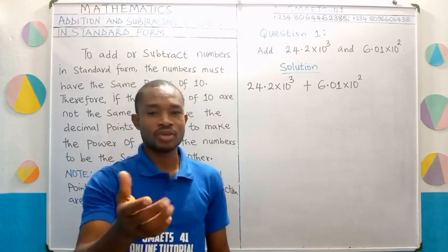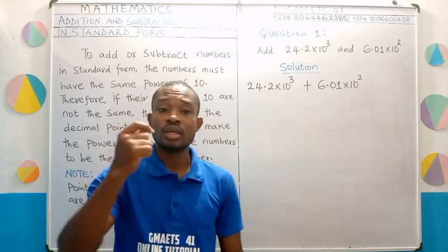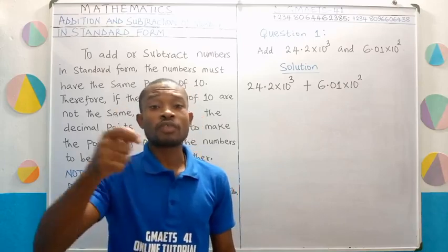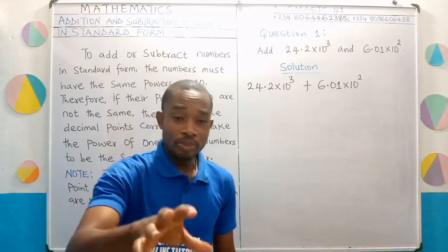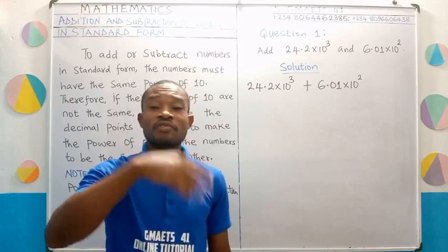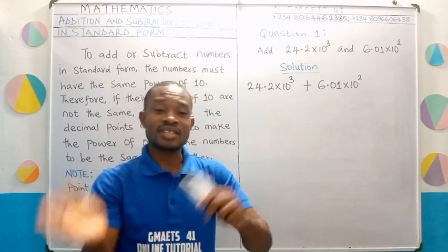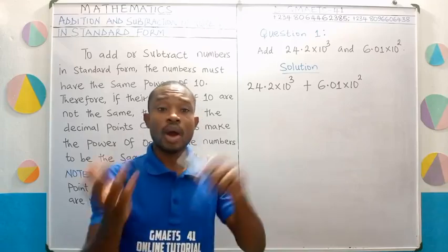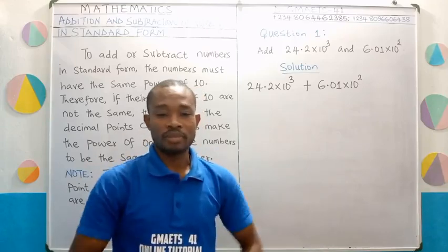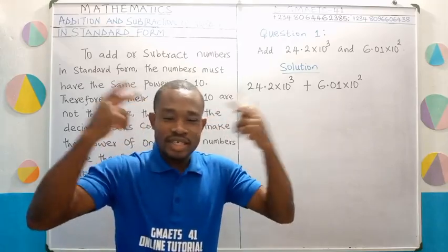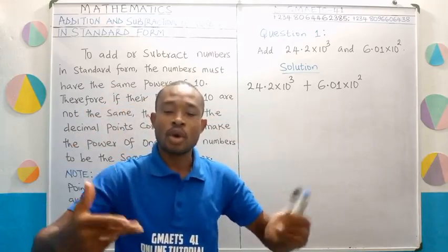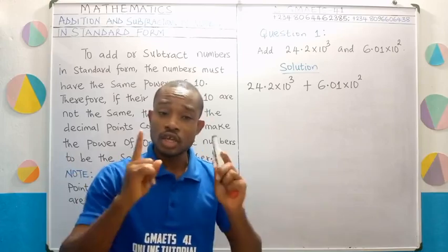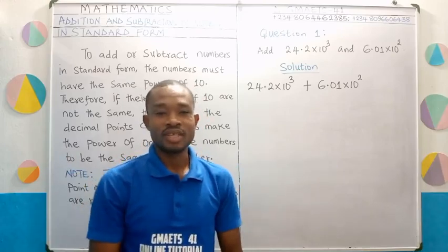The same thing goes for you if you're solving a problem like this. The power of 10 to solve the question in will be your choice. When you get your final answer, if there is anything that still needs to be done to the power of 10, you do it from there. All you need here is decimal point movement, done correctly, to give you what you want.